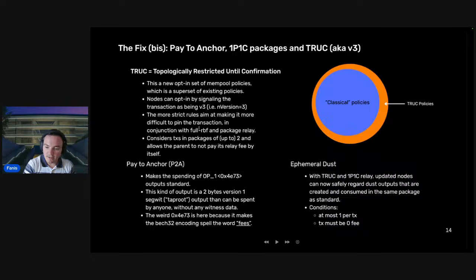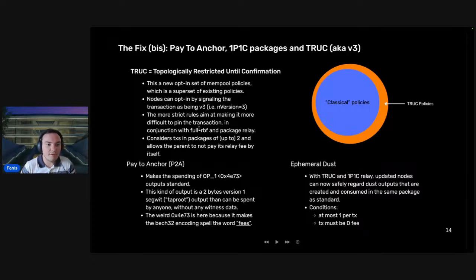To take a very clear example, let's say your node's mempool is configured to have a minimal relay fee of 1 Satoshi per VByte. It means that if a transaction pays less than 1 Satoshi per VByte, you will refuse to add this transaction into your mempool. So your node will refuse to add the transaction into your mempool.